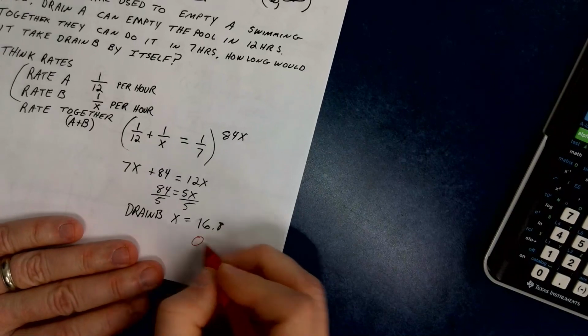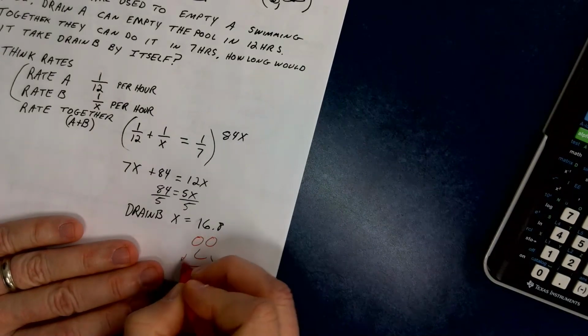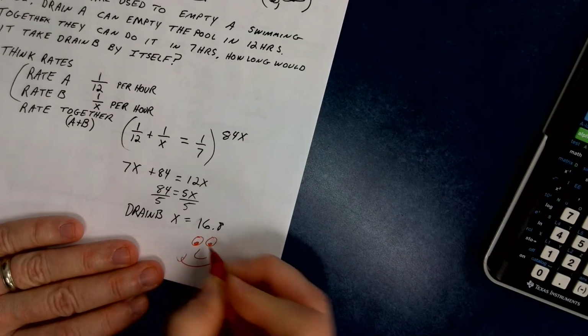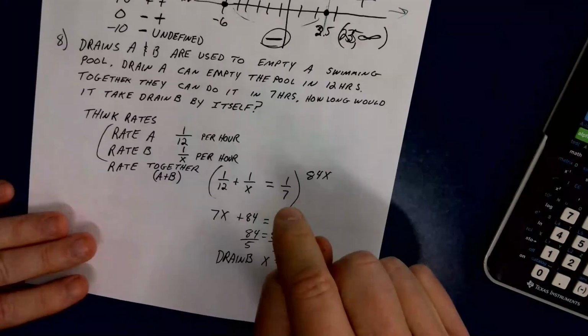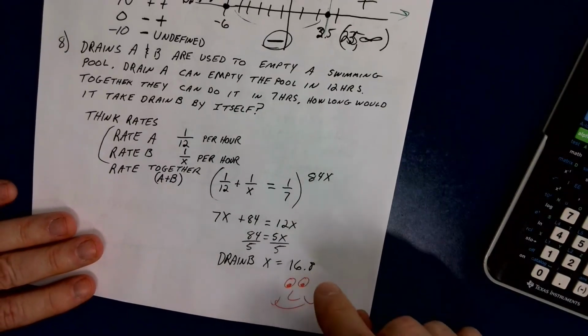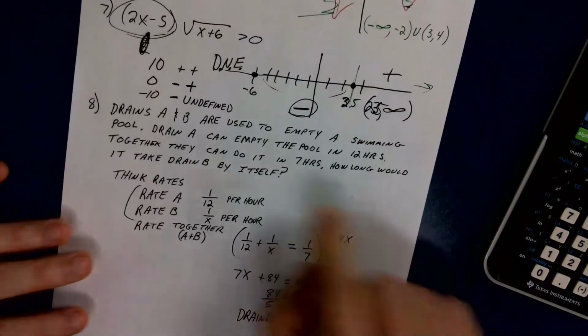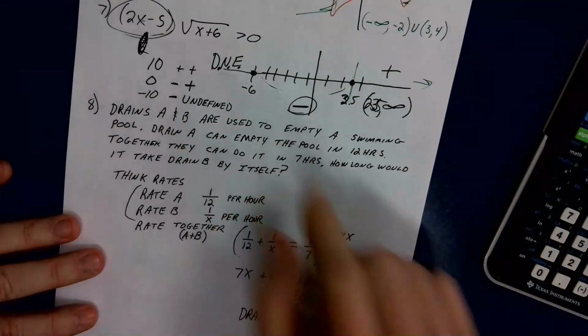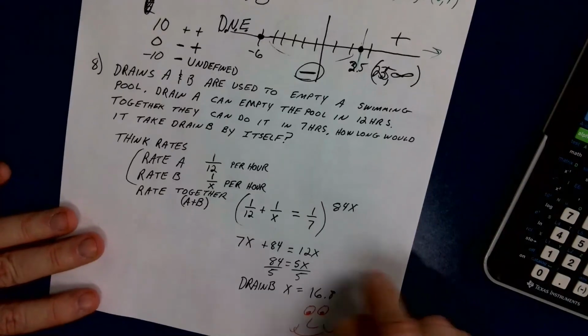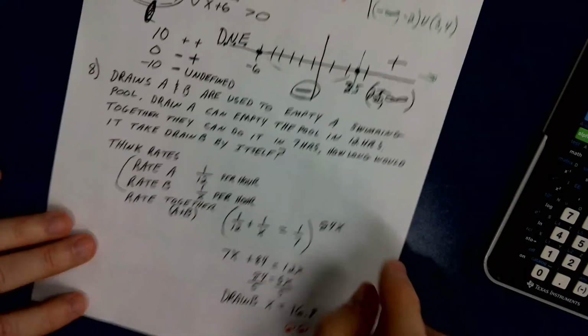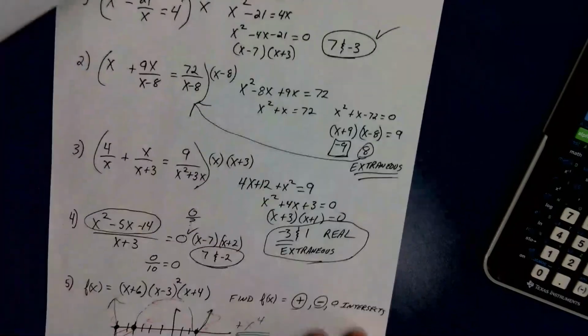I smile like that. Worked. Not only does the number work in my original equation, but logic says that that's what it should be for that pump. Okay? So again, just giving you one story problem in here about solving rational equations, the same type of rational equation stuff that we solved on the first page.